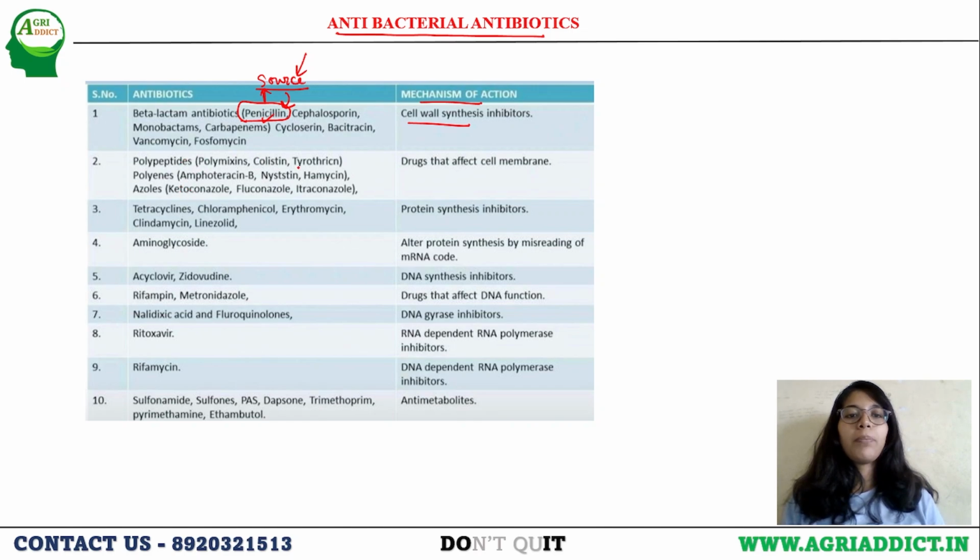From the polypeptides, the polymyxins, and azoles, ketoconazole, they affect the cell membrane. Tetracycline and erythromycin inhibit the protein synthesis. So from this list, you just memorize the important names of the antibiotics, their mode of action, and also the source from which they are produced.